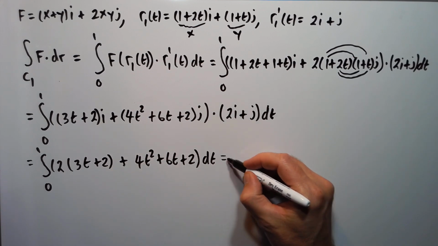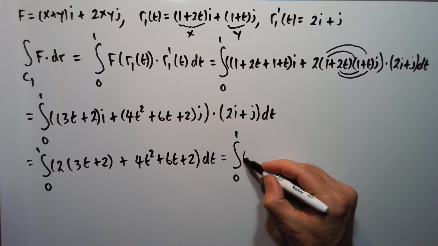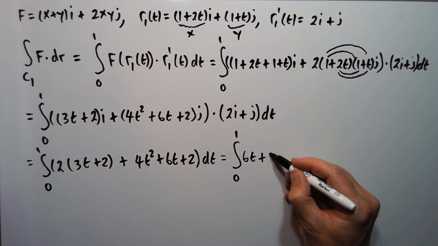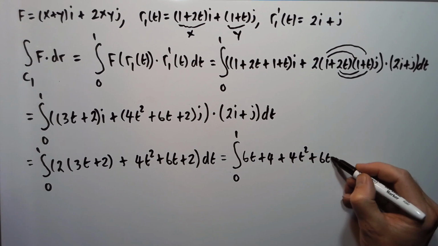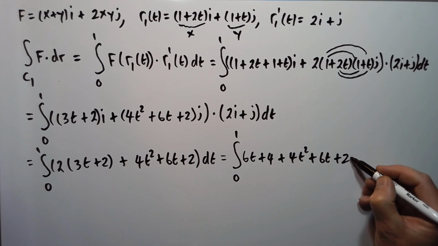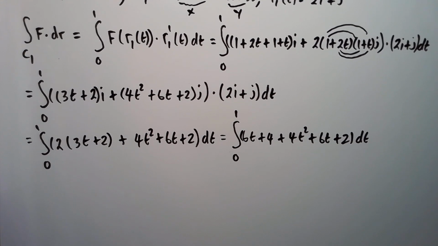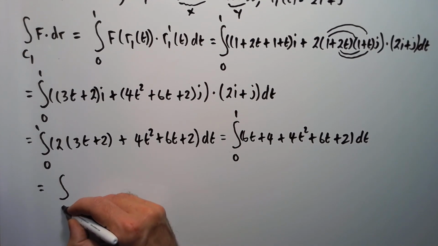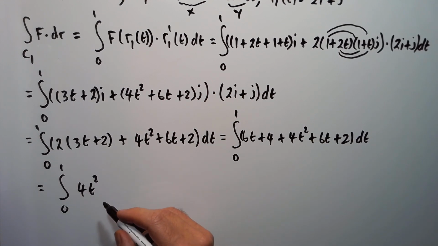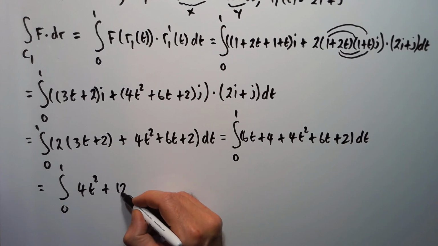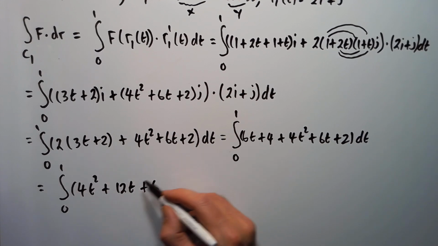Then combining stuff here, it'll be 6t plus 4 plus 4t squared plus 6t plus 2, dt. This becomes the integral from 0 to 1 of 4t squared plus 12t plus 6.